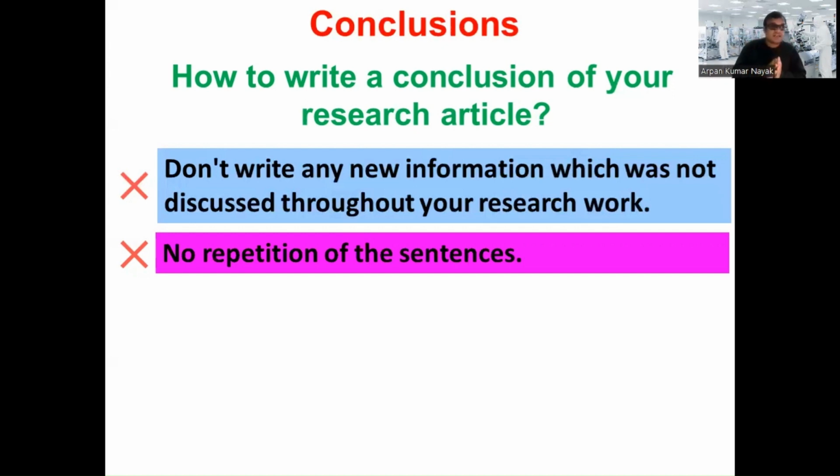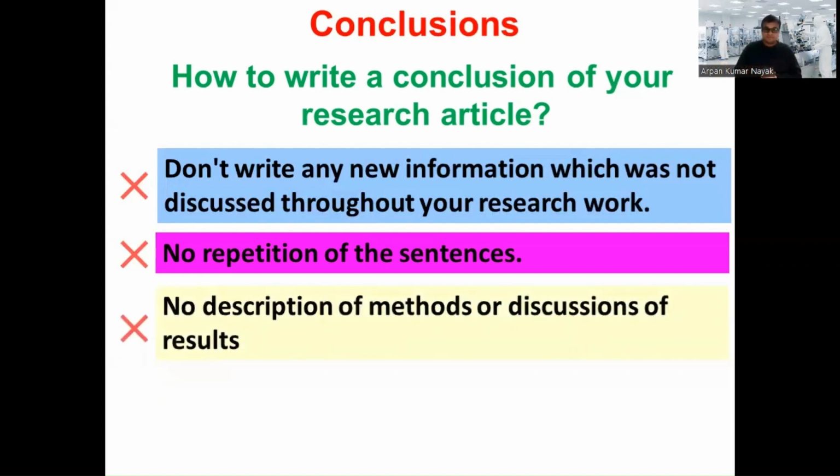We have to focus that no sentence should be repeated, that you don't bring directly from the result and discussion sections, or from the introduction or method sections. Don't take them directly and write them in the conclusion. Never do that. You have to write it so that it has no repetition. So first, don't give any new information which is not discussed in your whole manuscript. Second, don't repeat sentences.